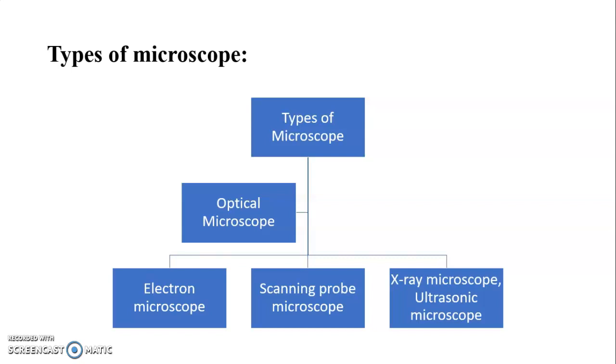Then tubes are there. The vertically movable tube contains an eyepiece, objective and plane reflector. The tube length varies from 160 mm to 250 mm. Then another element, that is the focus adjustment. The lens of the microscope carries two knobs for coarse and fine adjustment. Then the objective lens is fitted at the lower end of the tube.